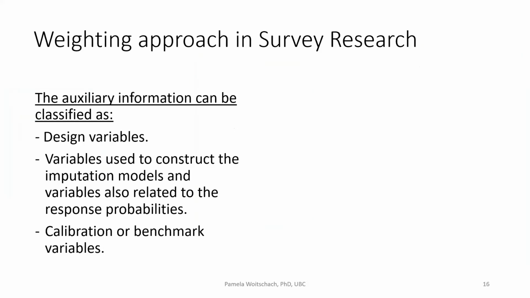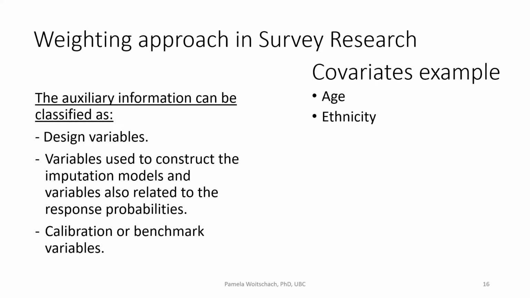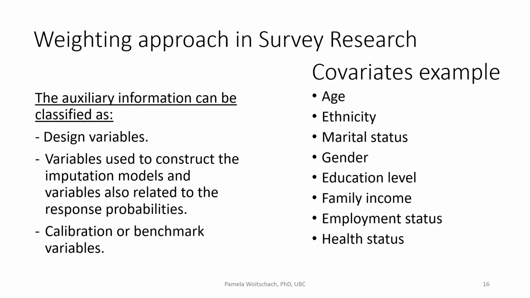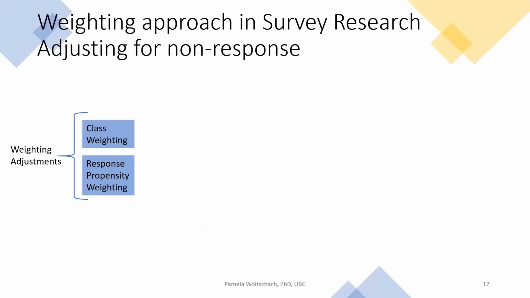When we build our weights, we can use auxiliary information that can be classified as design variables, variables used for the imputation or weighting construct models, or variables for calibration or benchmark. Some covariate examples are age, ethnicity, gender, education, and more.